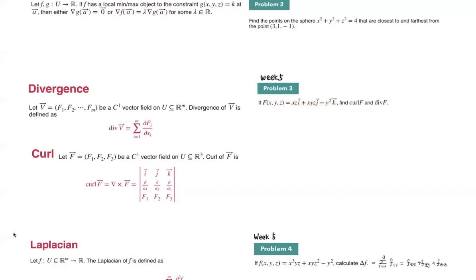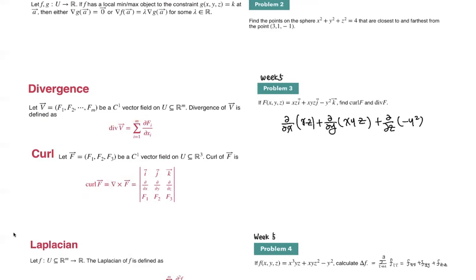Then we take the partial derivative of the first coordinate with respect to the first variable, the second coordinate with respect to the second variable, and so on. That is the divergence of f. Okay, and curl is a vector. Divergence is a scalar, but curl is a cross product, so it is a vector.